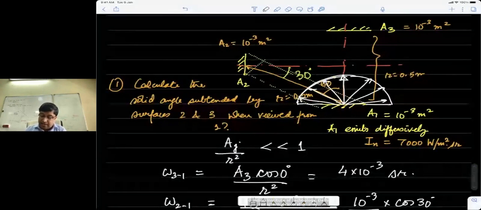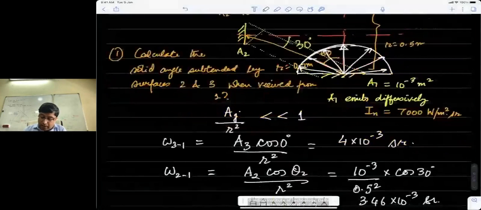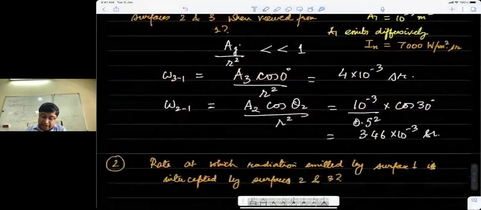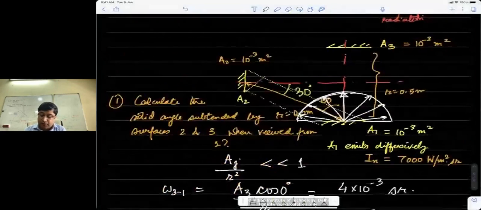So it is emitting 7,000 everywhere, because it's emitting diffusively, not because the normal intensity is given. So now I need to calculate how much is reaching these two surfaces, A2 and A3.